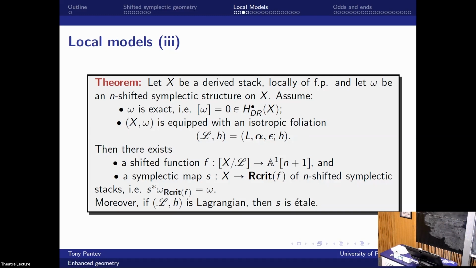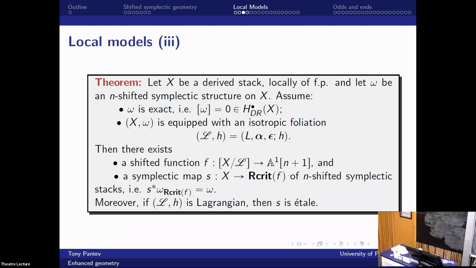Then the claim is that if you have an isotropic foliation, and I've written the data for a foliation, but I haven't told you what codifies a foliation, so ignore the symbols. So if you have an isotropic foliation on your derived stack for the symplectic structure, then you can write it as a derived critical locus. In fact, it's even if and only if.